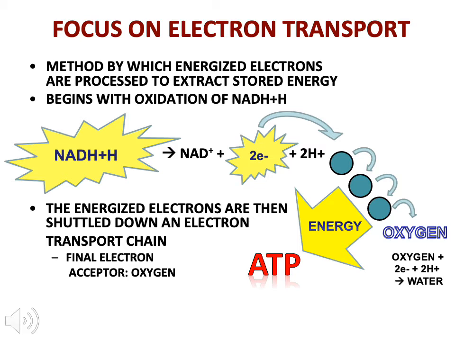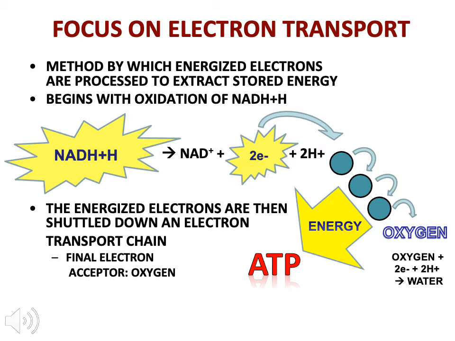Now, the reason why those electron carriers are drawn going downhill is to indicate energy level. As the electrons go from the first to the second to the third energy carrier, they are losing energy. Well, you'll notice that the energy is coming off as a big fat yellow arrow, and we're ultimately going to use that energy to make ATP.